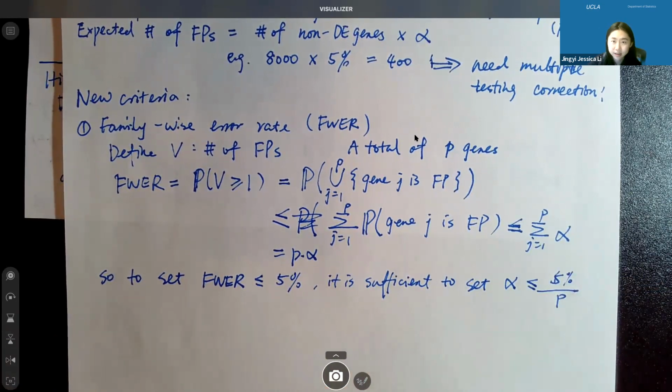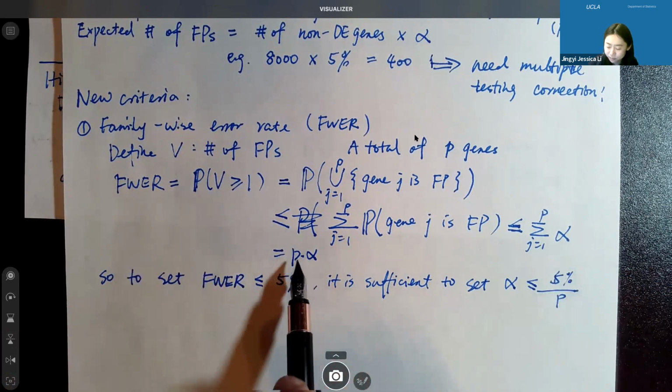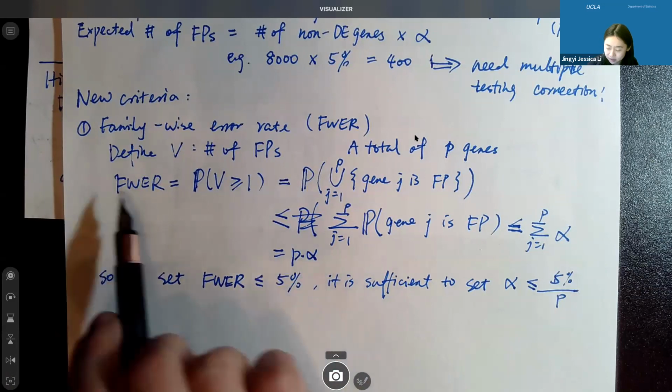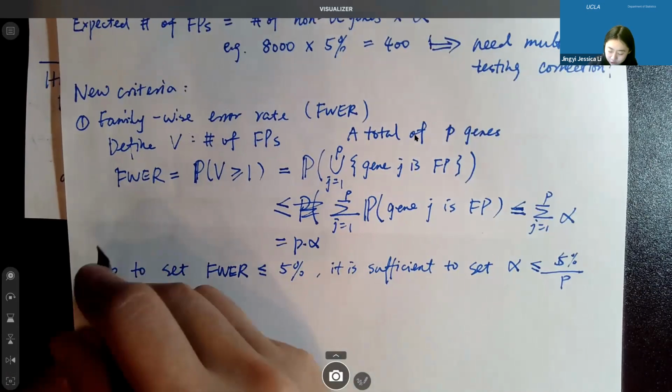So if we set the significance level to be under this, as a result, by this inequality, the family-wise error rate will be under 5%, okay? And this is what we call Bonferroni correction.